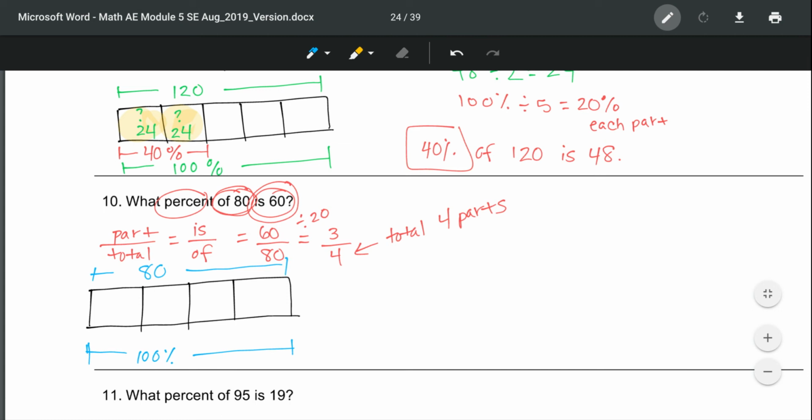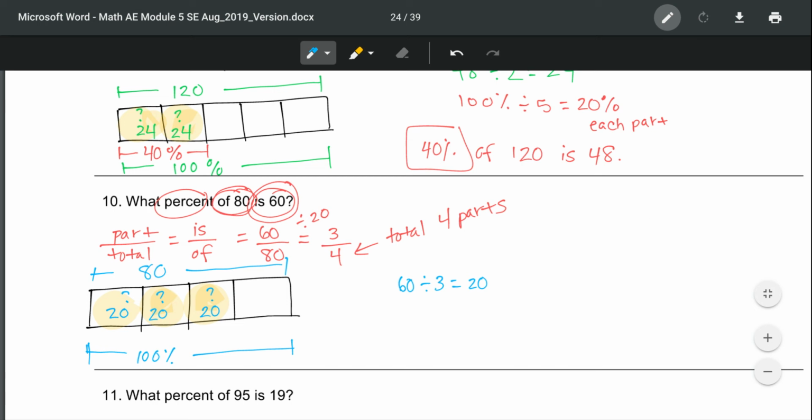So 60 is only 3/4 of your bar model. So those 3/4 equal 60. So that means to figure out the value of each part, we need to take 60 and divide it by 3, and that would be 20. So each of these parts equal 20.